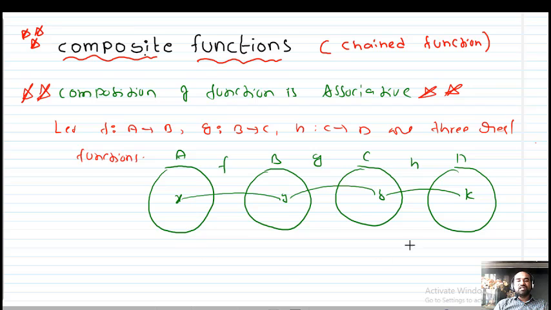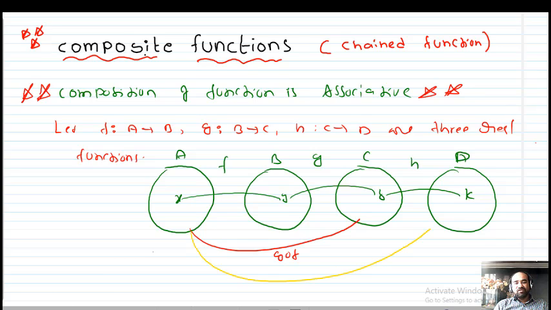F is from A to B and g is from B to C. Already you know that the new function from A to C is nothing but g circle f only, already discussed.